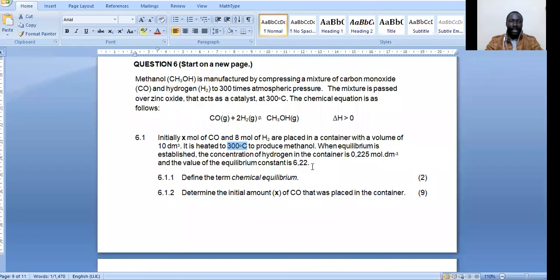The first question is, define the term chemical equilibrium. So would someone take that up? Would you like to define that out, chemical equilibrium? Do you still remember the concept of chemical equilibrium?